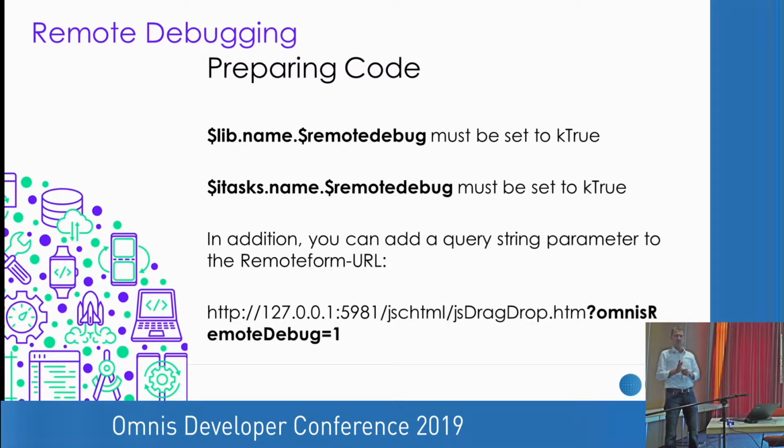So you could change the property for your main library, maybe for the startup task, and you can as well change this property for your remote task if you have a JavaScript application. In addition, you could also use a URL parameter, which is called OmnisRemoteDebug, and then of course you don't have to set it in the library. You can simply add it to the URL which is accessing your remote form.